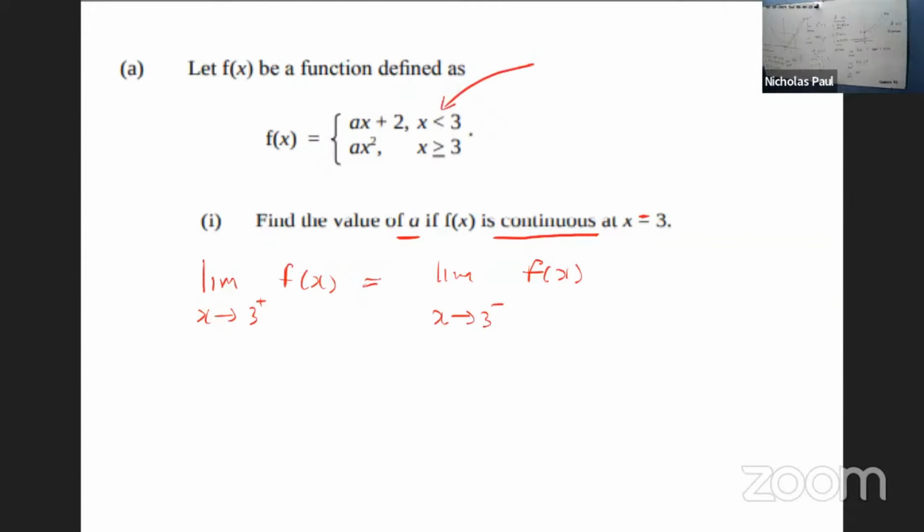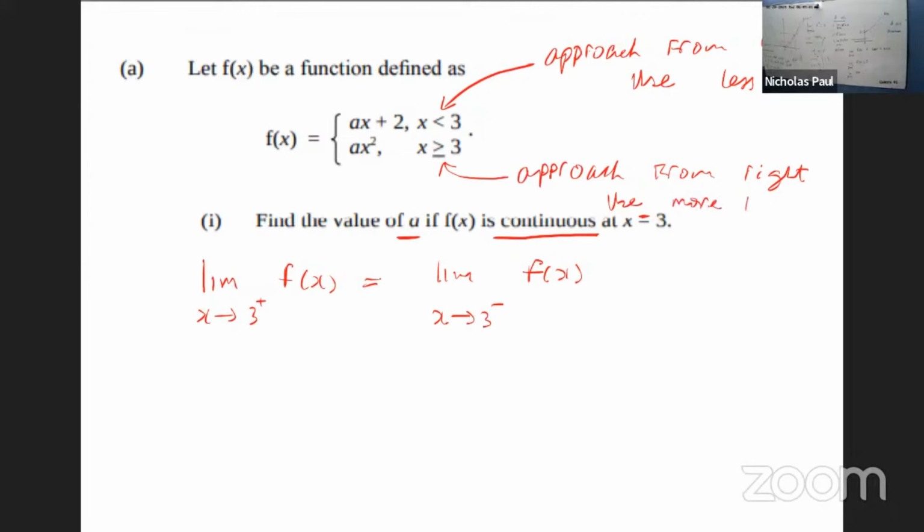When you approach from the left, use the less than function, right? When you approach from the right, use the more than part, right? You can answer that, please.